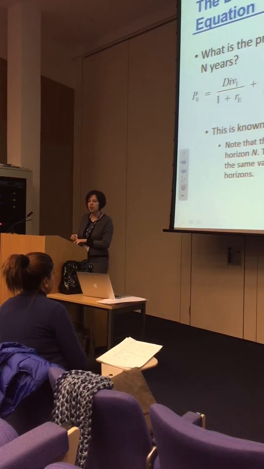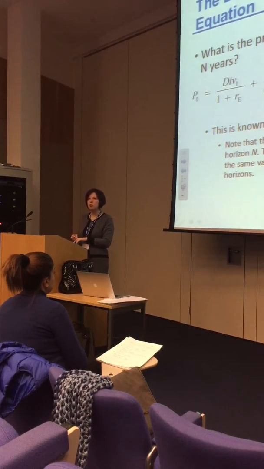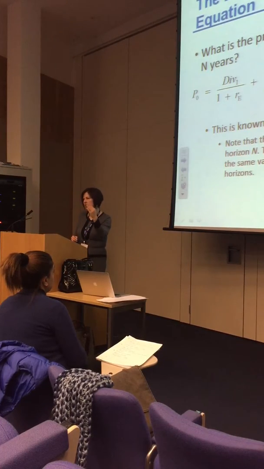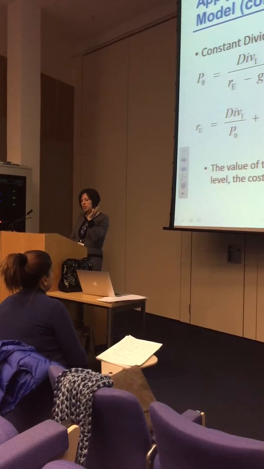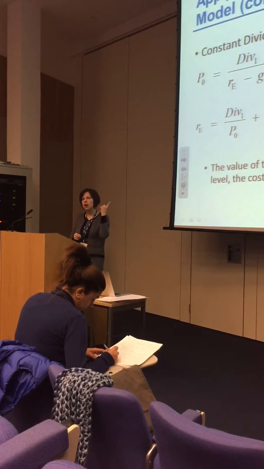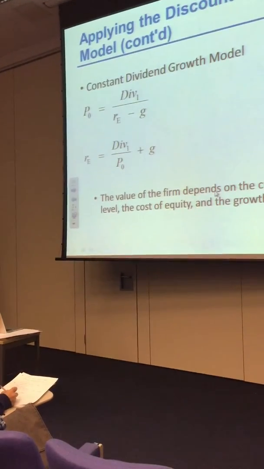Then we decided, okay, forget it, I'm not going to be able to assess the specific dividends every year. So I will just assume that dividend grows at a constant rate. And then we arrive back at the formula of the growing perpetuity, right?